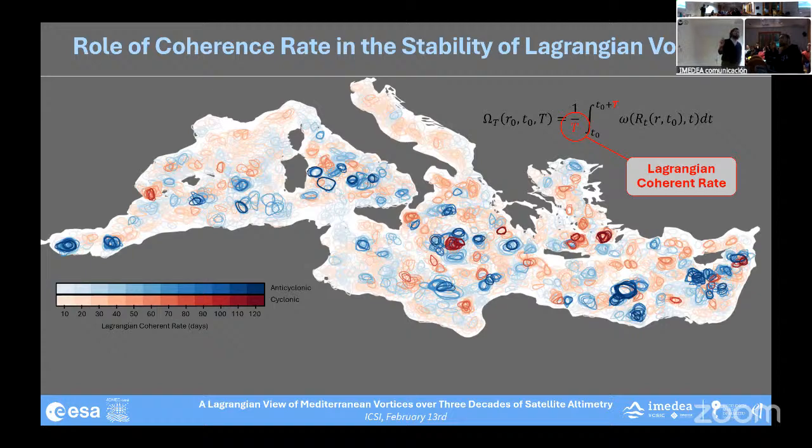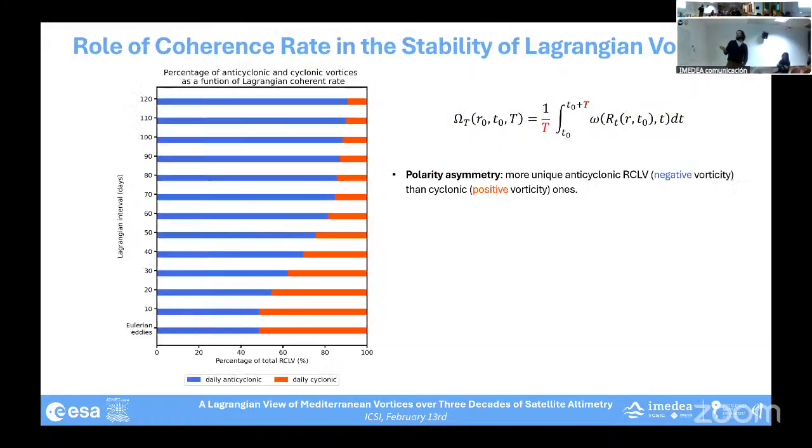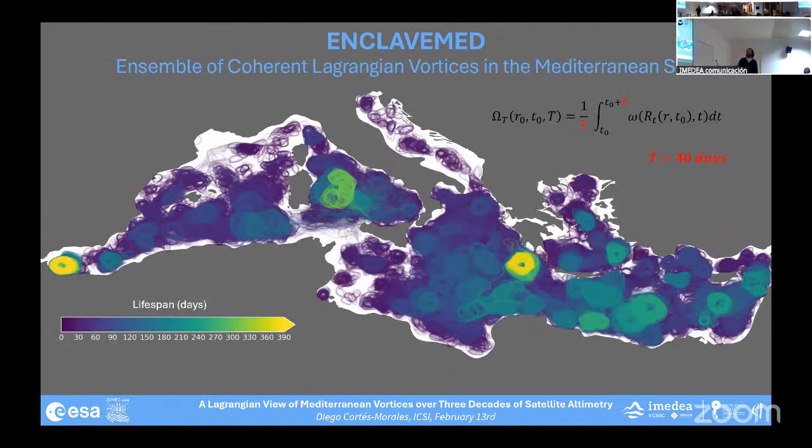No, this is just one year, only 2022. Okay, so that was that particular date. Yes. But we find here a lot of different structures that are around 90 or 100 days long, also in the surroundings of the Balearic Islands, during the 30-year period.